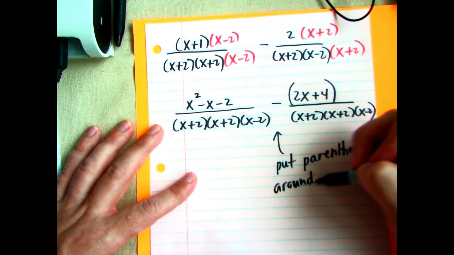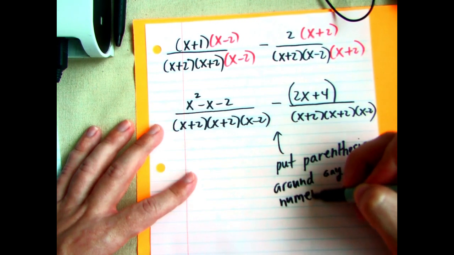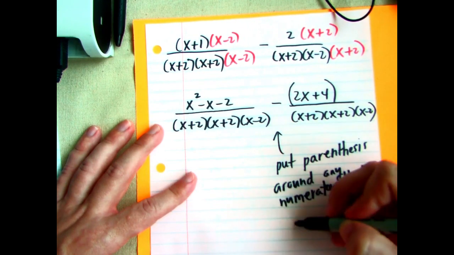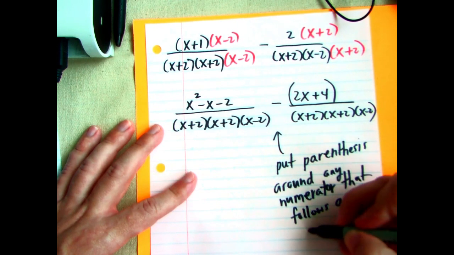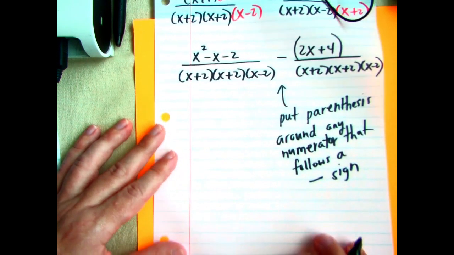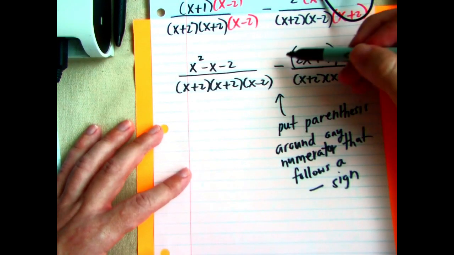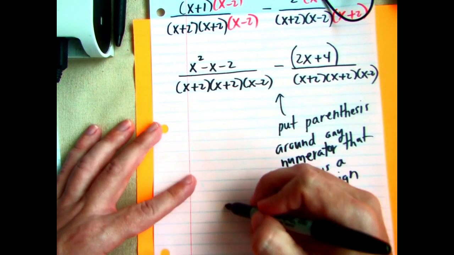Because that is going to remind you that that minus sign needs to be distributed to everything in that second numerator. Alright, so when I subtract, that minus sign gets distributed to both the 2x and the 4. Hopefully those parentheses there will remind you of that.